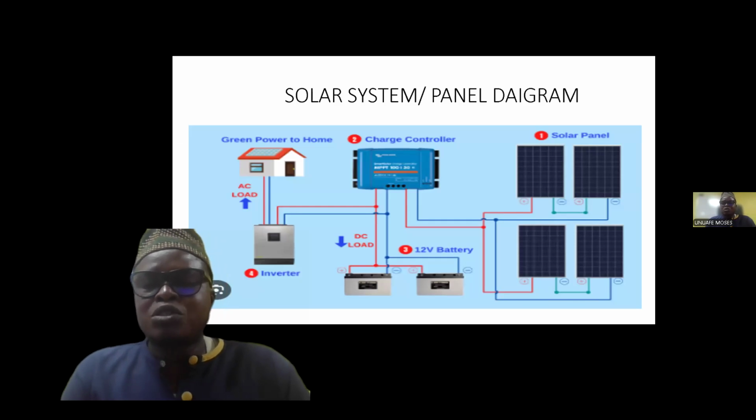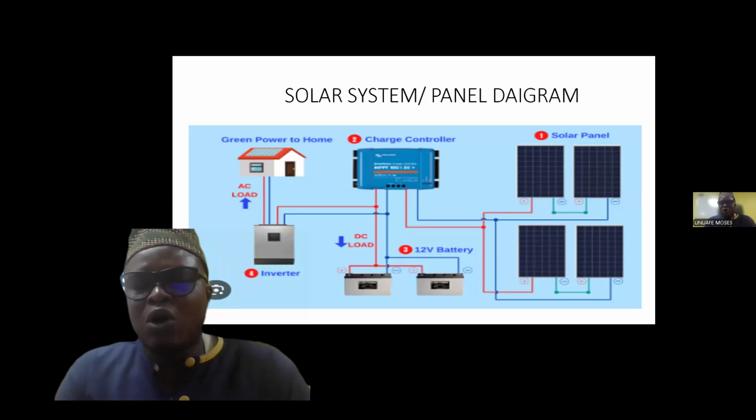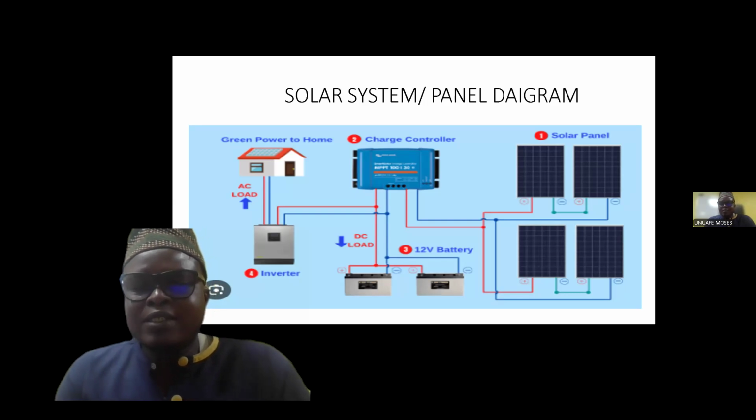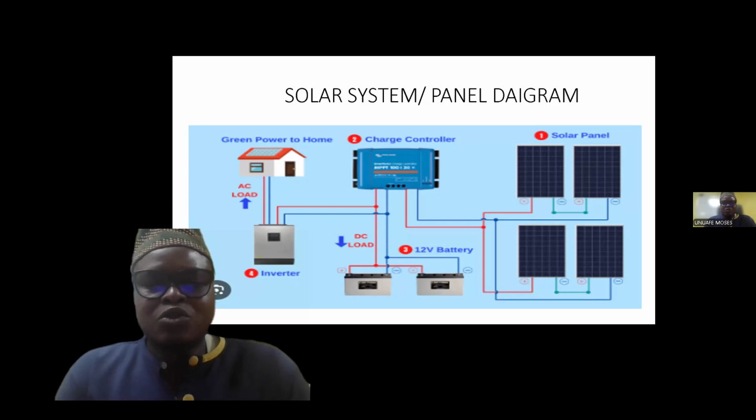I want us to go through this very particular installation setup of a solar system. Now, a solar system is installed where you can have access to rays. The solar panels are connected in parallel and in series, which in turn connects to the input of the charge controller.